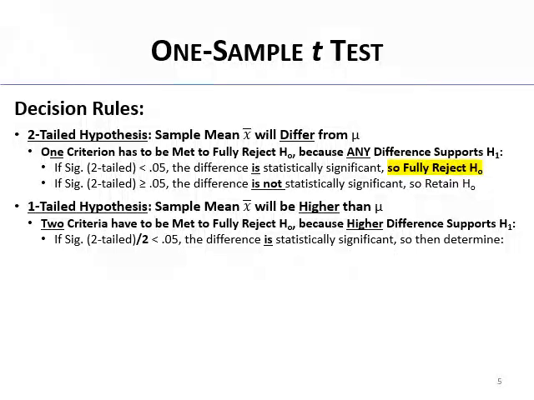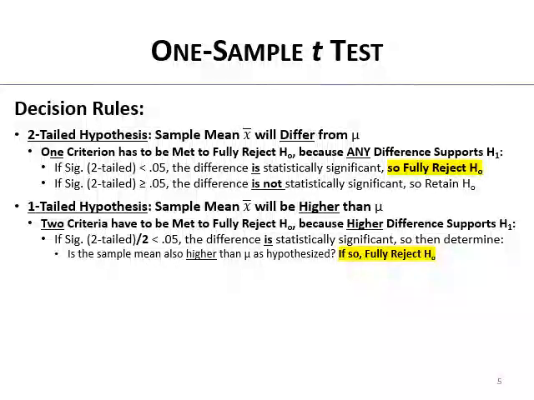It is if sig two-tailed divided by 2 is less than 0.05. Okay, there's a real difference here. Is it in the right direction? That's question 2. So is it higher? Because they can be significant because they're lower, right? Which would not be consistent with the research hypothesis. If both these things are true, it's significant and it's higher, you can fully reject the null.